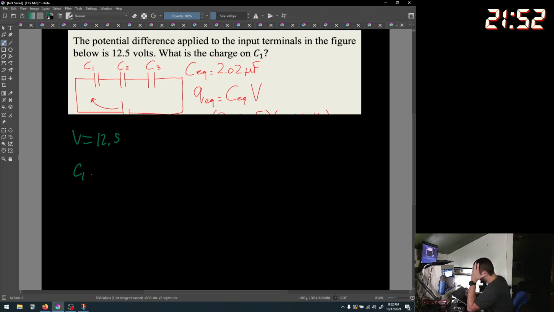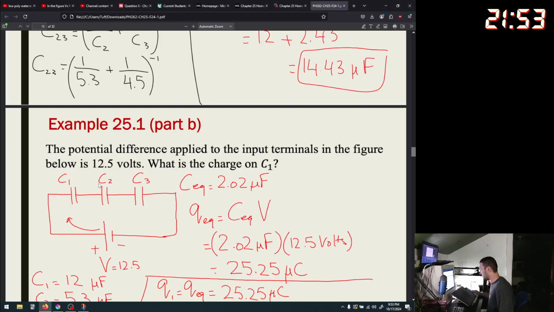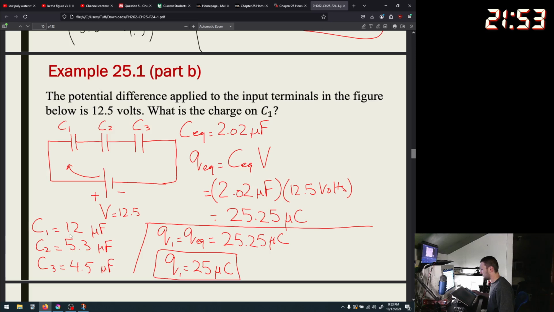So let's find C1,2,3. This is going to be the C equivalent. Well, actually, we don't know C1,2,3. Wait, are we given any of those? I don't want to spoil the problem. They found C1. We just know voltage.